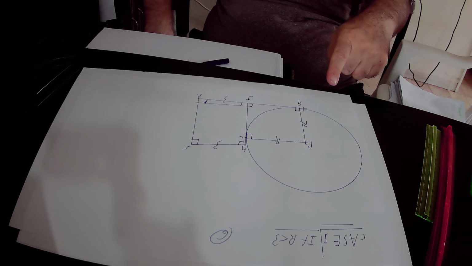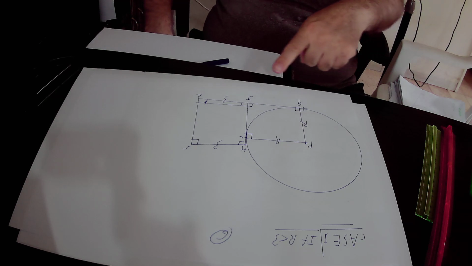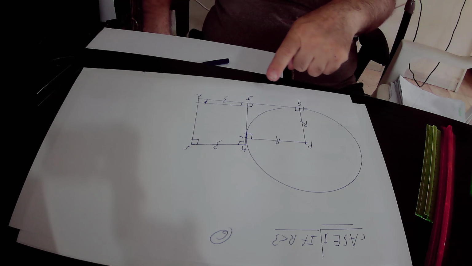So here in quadrangle PLQJ, we have 1, 2, 3 right angles.